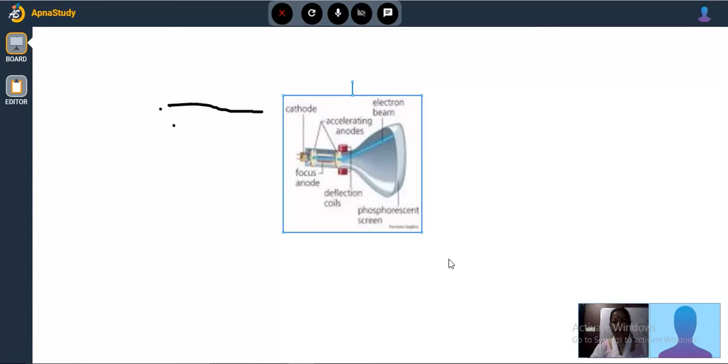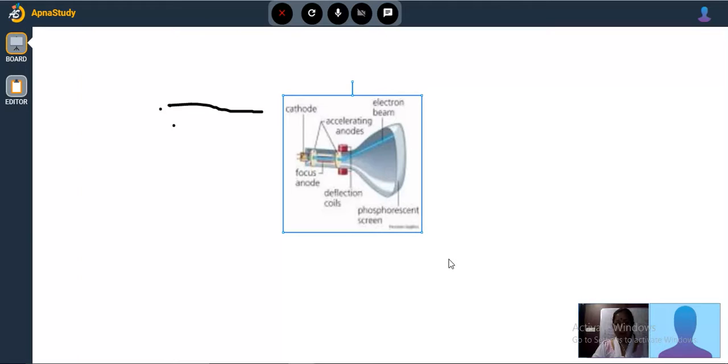The terminal which is attached to the negative end of the battery is termed the cathode. And the terminal which is attached to the positive end of the battery is called the anode. Basically, one discharge tube was taken, which is made up of borosilicate. A gas like helium, neon, or argon was added here. That means one noble gas was added in the discharge tube.